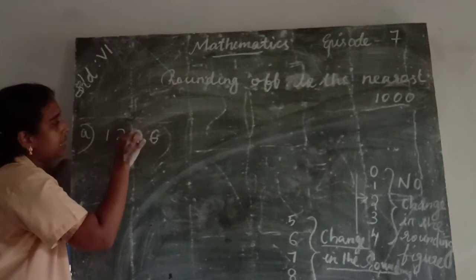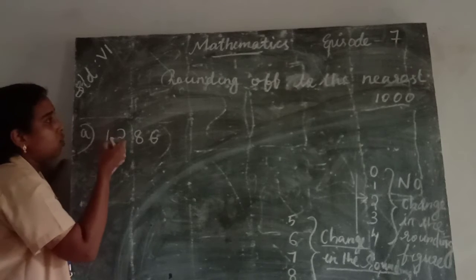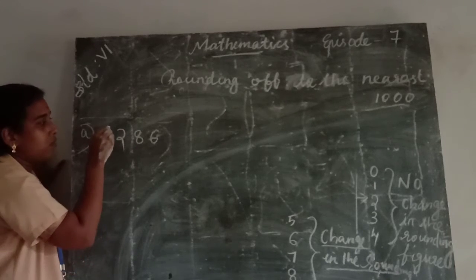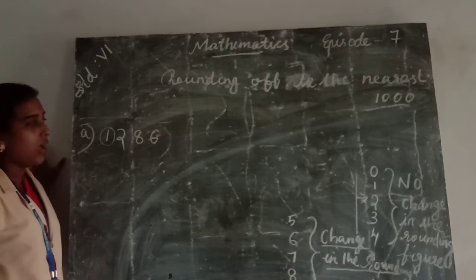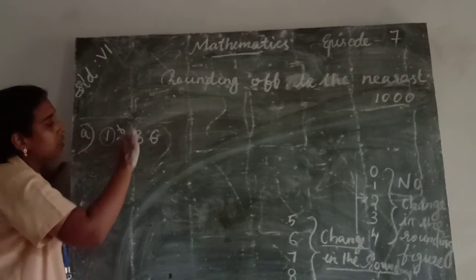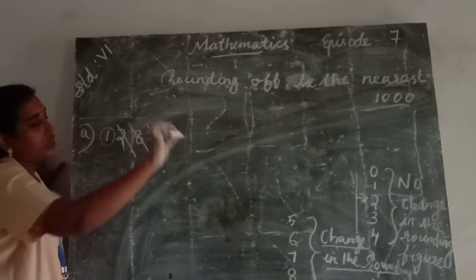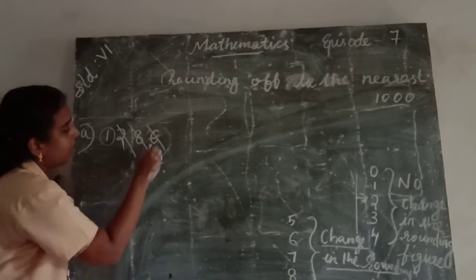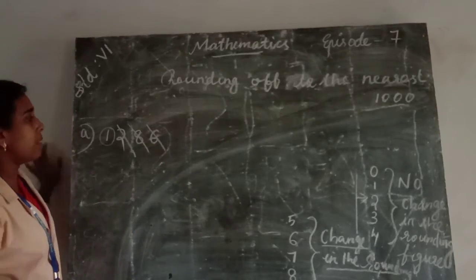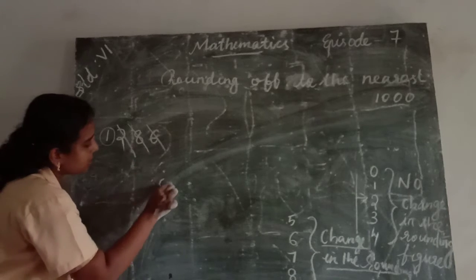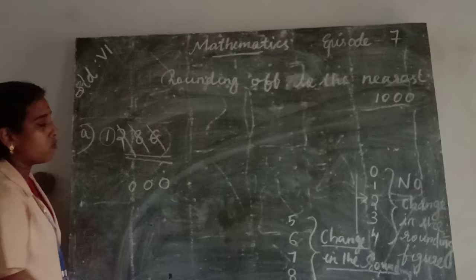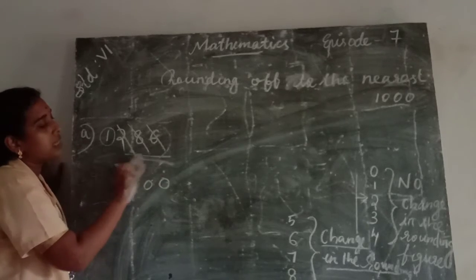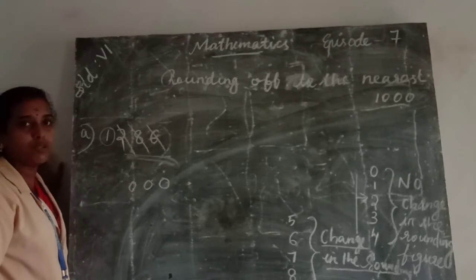Here: ones, tens, hundreds, thousands. For nearest 1000, we round the digit at the thousands position, and we off the numbers that come before the rounded figure. For the estimate we write zeros at the off number positions. Here 3 digits are off numbers, so we write zeros at the off digits positions.